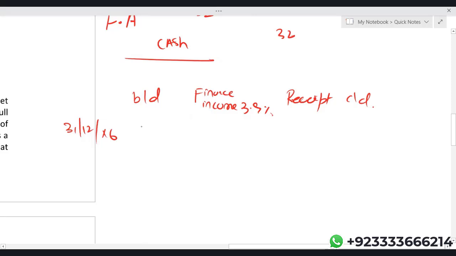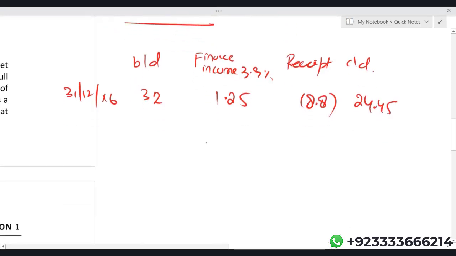December X6, the brought down is 32 million. If I take 3.9% of 32 million, I'm getting 1.25. And we have received 8.8. It means the carried down value will be 32 plus 1.25 minus 8.8. I'm getting 24 point.